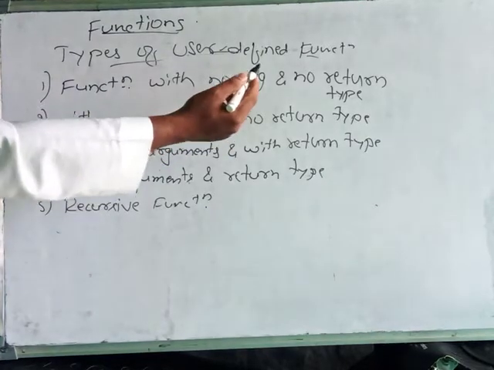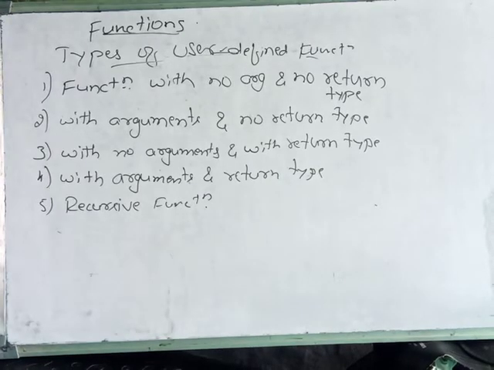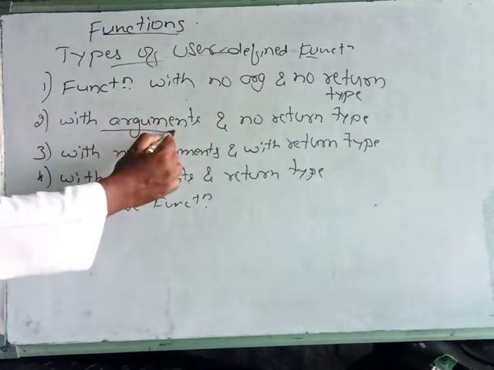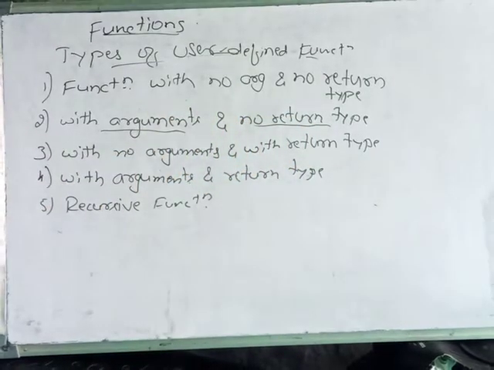Functions with no arguments and no return type means the function cannot have any arguments or parameters, and it cannot return any value either. With arguments and no return type means we are passing arguments, but there is no return value; that function cannot return any value.